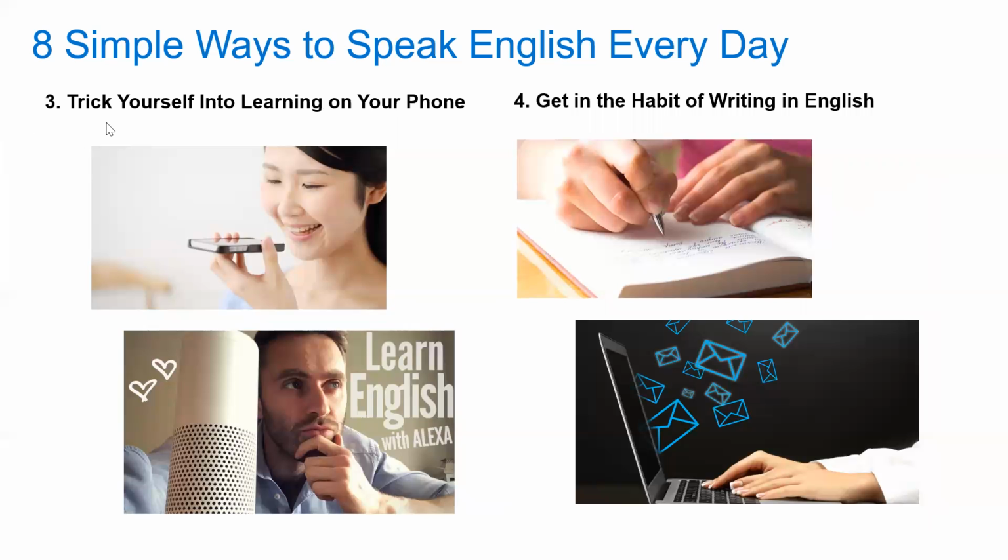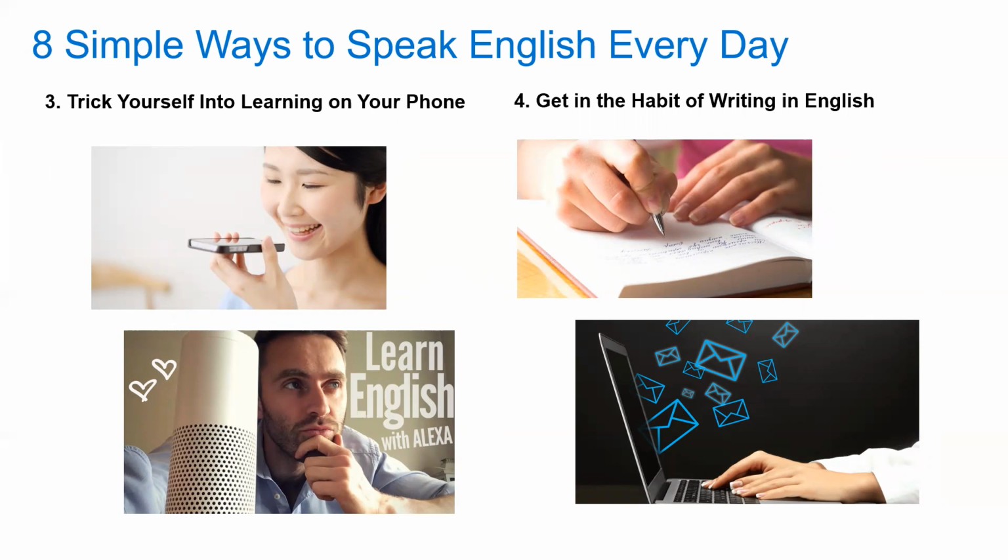The third important tip is to trick yourself into learning on your phone. If you're looking for easier ways to learn English, you can increase your exposure to the language with simple tricks, like changing the default language on your phone, computer, or tablet. This will force you to learn new English words.